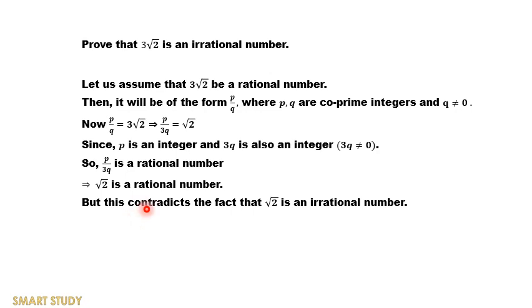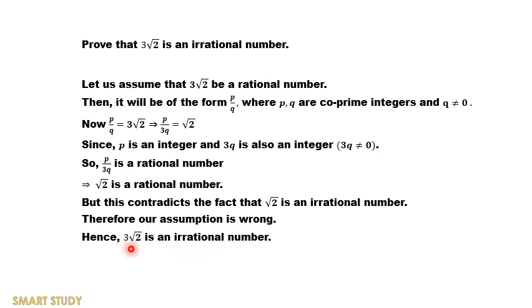But in the previous example we proved that root 2 is irrational. So here LHS is not equal to RHS. This contradicts the fact that root 2 is an irrational number. Therefore our assumption is wrong. Hence 3 root 2 is an irrational number.